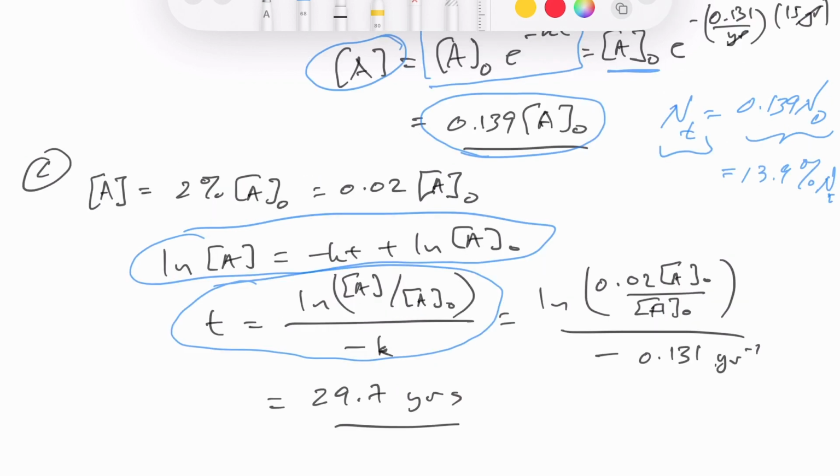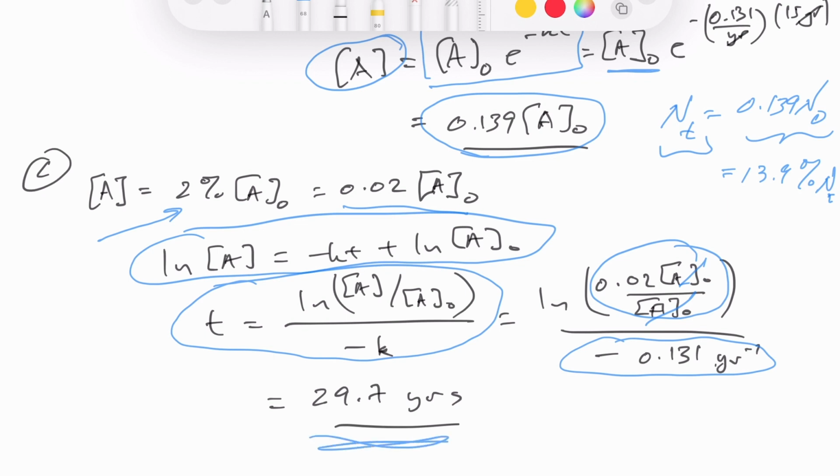We were told the A that we're looking for is 2% of A naught, which could be written as 0.02 A naught. And so that's what I've written here. The A naughts, of course, cancel. So it's just ln of 0.02, which is a negative number. That negative number is going to cancel with the negative 0.131 per year for the rate constant at the bottom, giving you 29.7 years.